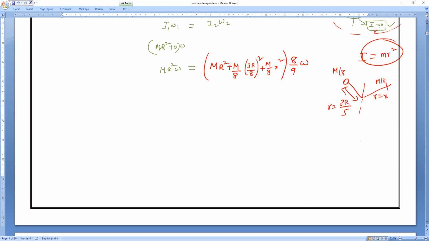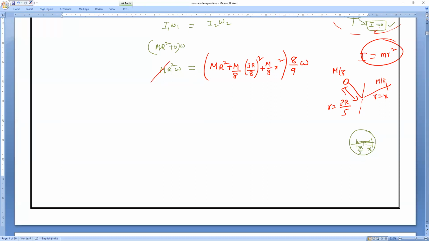Radially means, imagine this is the ring and you connected two pipes through the center of mass, for example. Now this ball will travel like this and this ball will travel like this. That is all. Are you clear? So imagine it has traveled 3r by 5 distance. By that time, what distance this other ball will travel, that is what they are asking. Clear? Yes, sir.